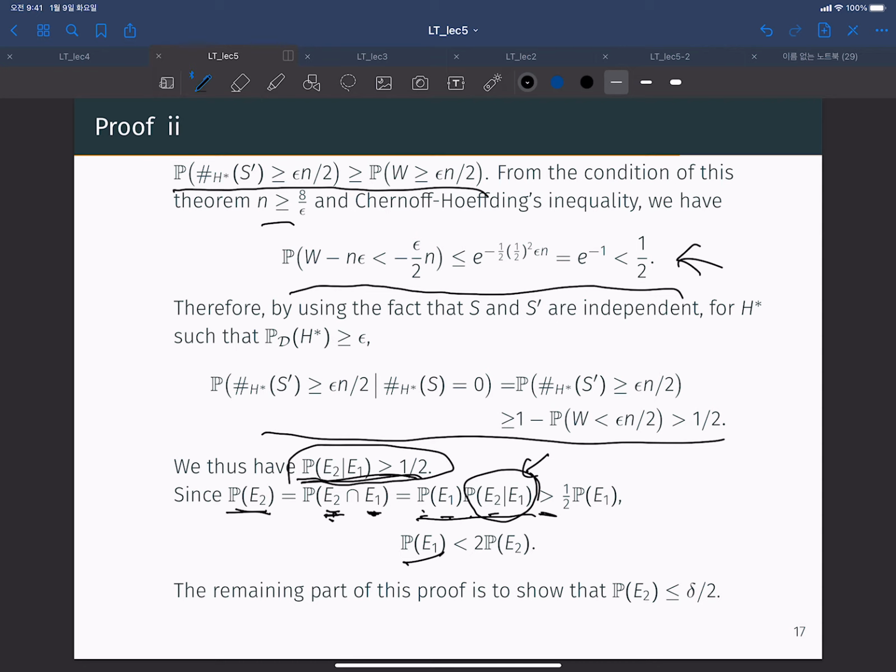So essentially the probability of E1 is less than 2 times probability of E2. So to show probability of E1 is less than delta, we just need to show that probability of E2 is less than delta over 2.